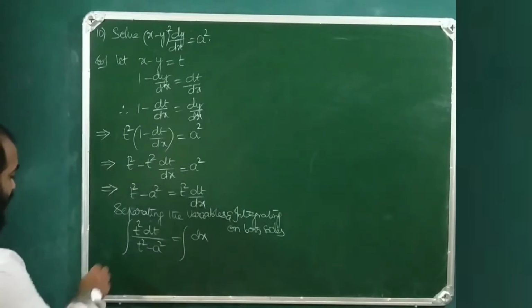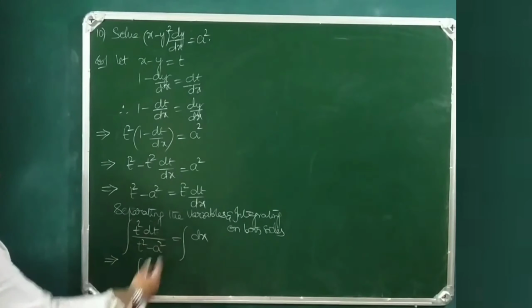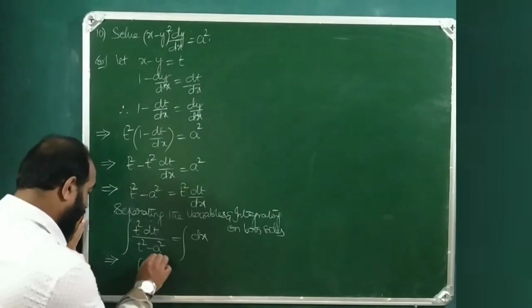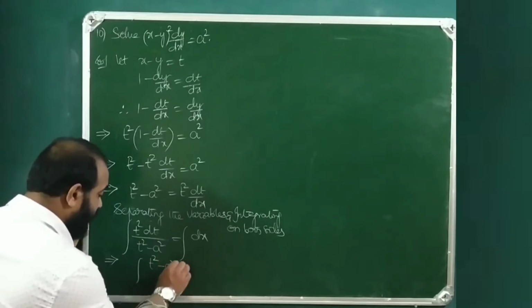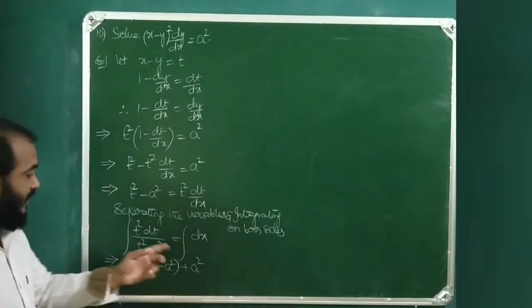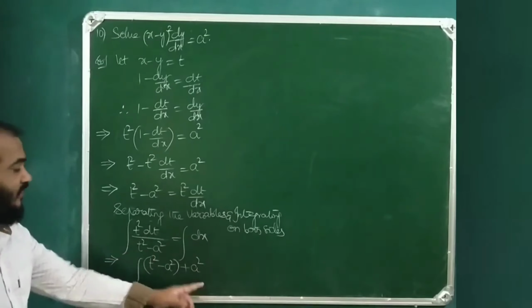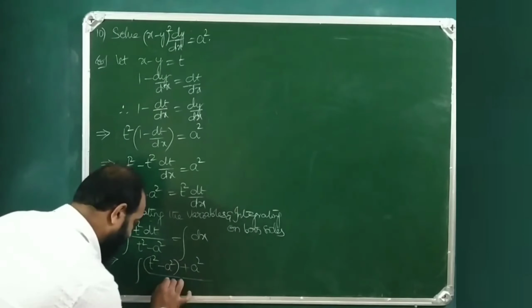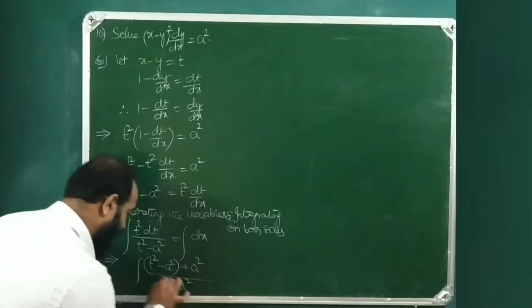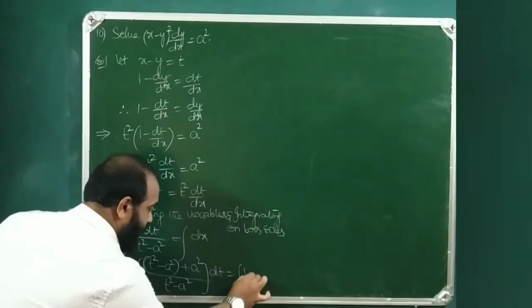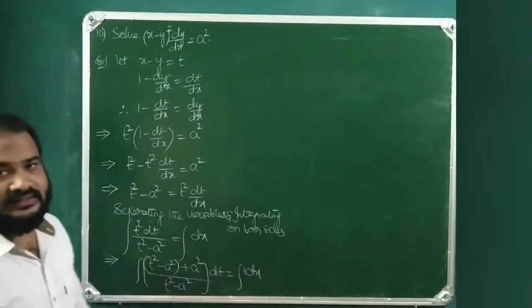Now, this can be simplified. For t square dt, I'll subtract a square and add a square without loss of generality. Minus a square plus a square gets cancelled, and we are left with t square only. So integral t square dt by t square minus a square equals integral 1 dx.